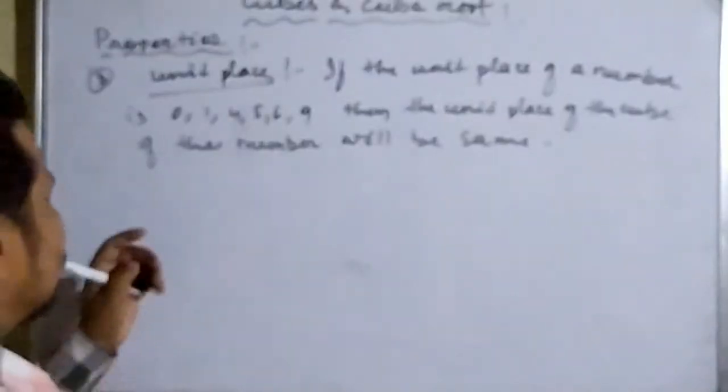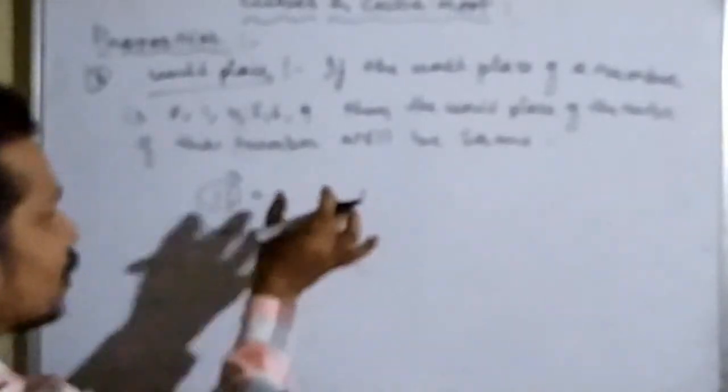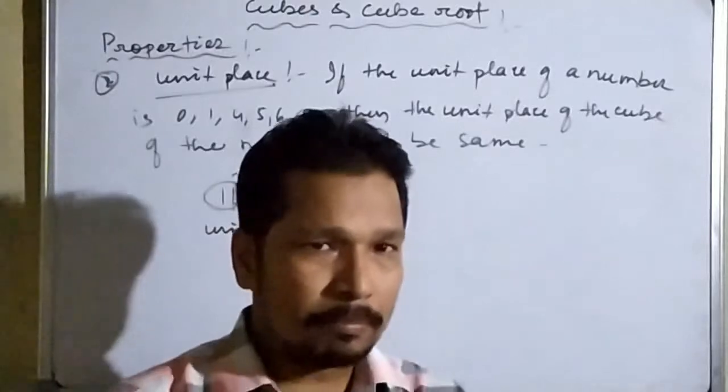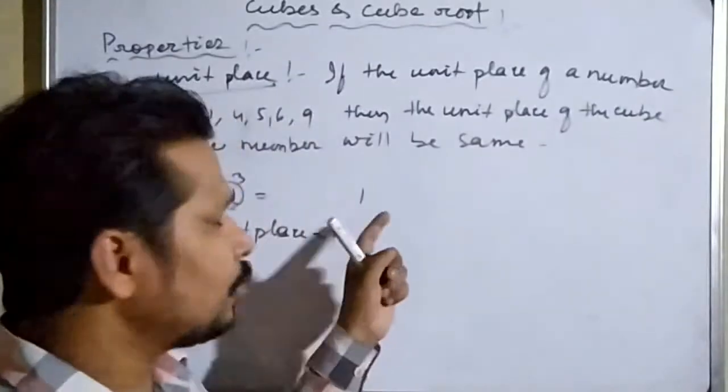Suppose here I give you some examples. Suppose we want to find the cube of 11. What is the unit place of this number? The unit place is 1. So the unit place of the cube of 11 will definitely be 1. We don't know what the 10th place, 100 place or 1000 place will be, but we can say that the unit place must be 1.